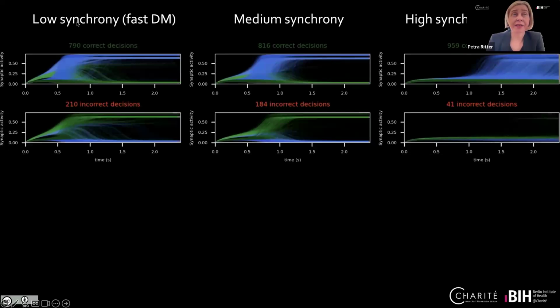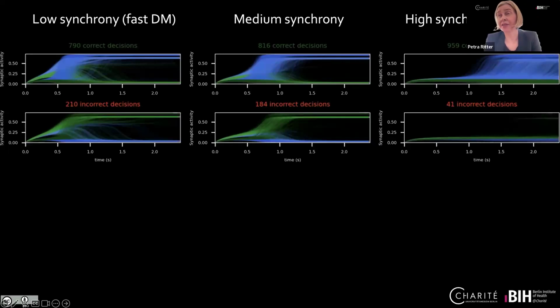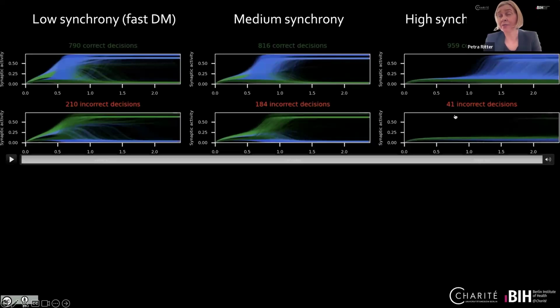And we see if we have low synchronicity or functional connectivity in our brain model, we have a high fraction of incorrect decisions, 210 of 1,000. If we have high synchronicity in our brain model, we have a high performance with a low fraction of incorrect decisions, 41 of 1,000.